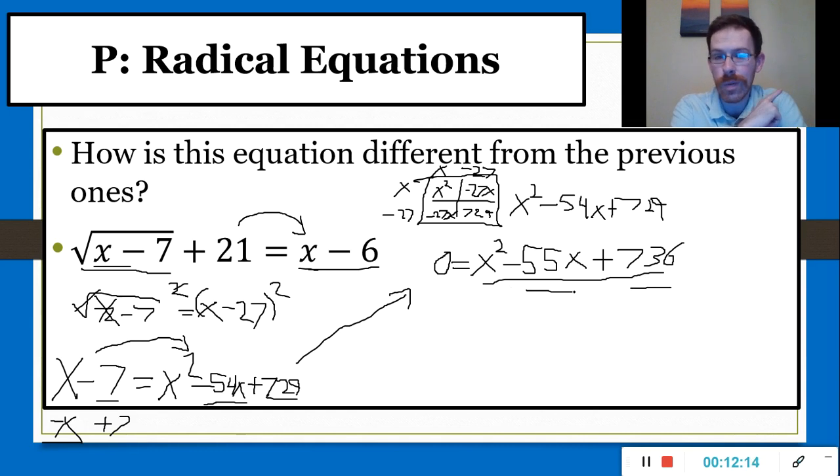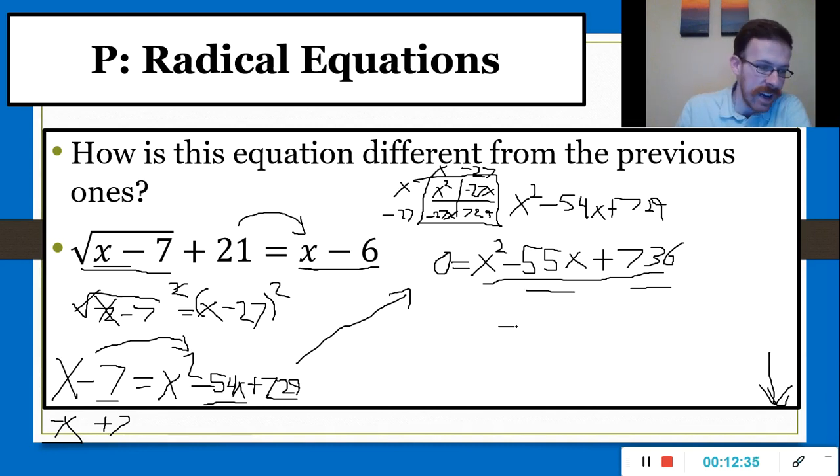Quadratic formula would be a little bit easier in the long run. I'd be able to see every single step, but for the sake of time, I'm just going to factor it. I've done this before. I know what two things multiply together to give me a 736 and add together to give me a negative 55.